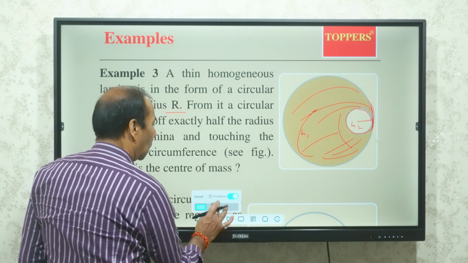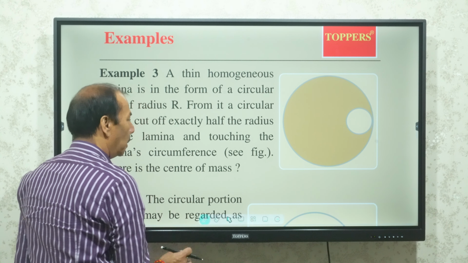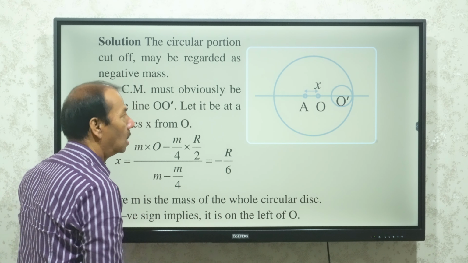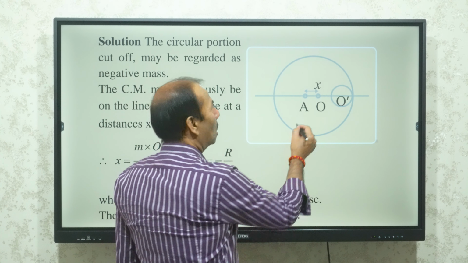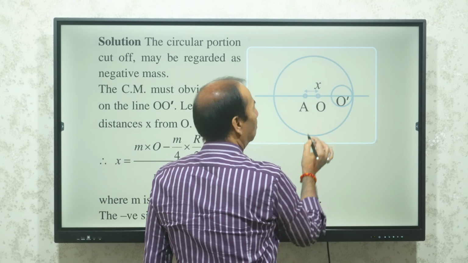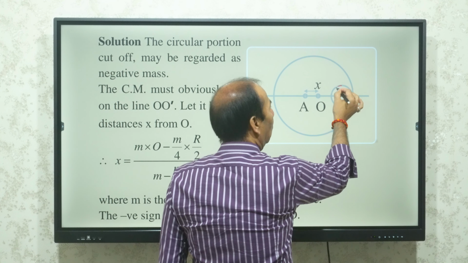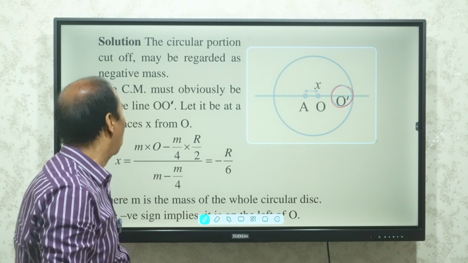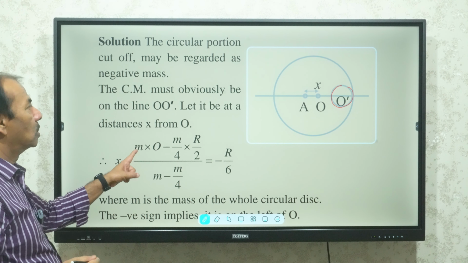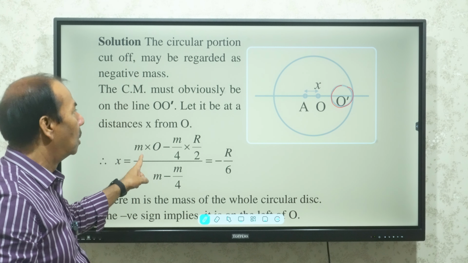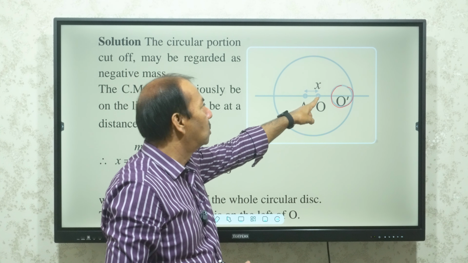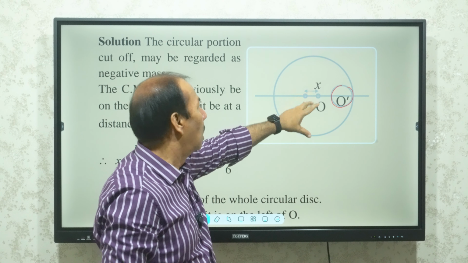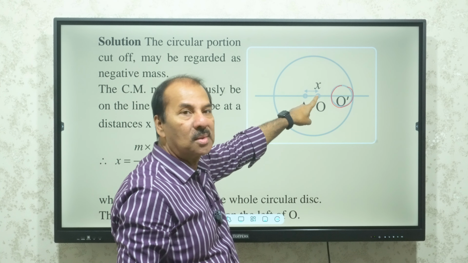So just you can see this. Here, suppose O is the center of mass and O dash is the center of mass of this object. Now A is the common center of mass. So from here, m into 0, because this entire mass, this circular disc, is supposed to be concentrated at its center.